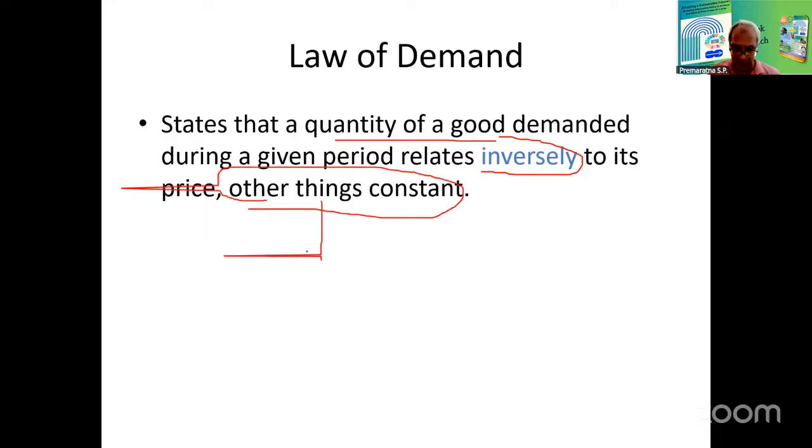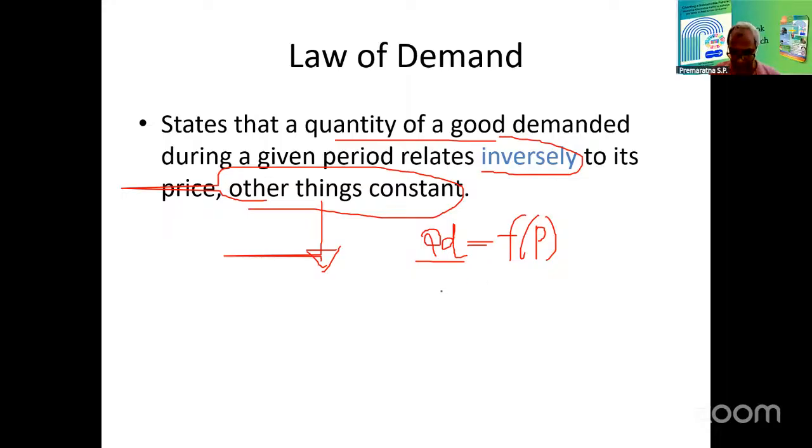Now we have to understand the other factors in addition to the price. The simple demand function we use here is demand as a function of its own price. In addition to price, other factors influence your demand. I'm not going to ask you right now, I know you don't respond, but you know what they are.